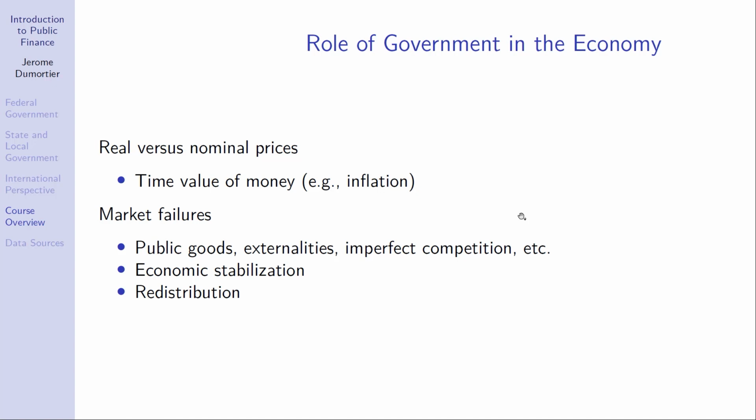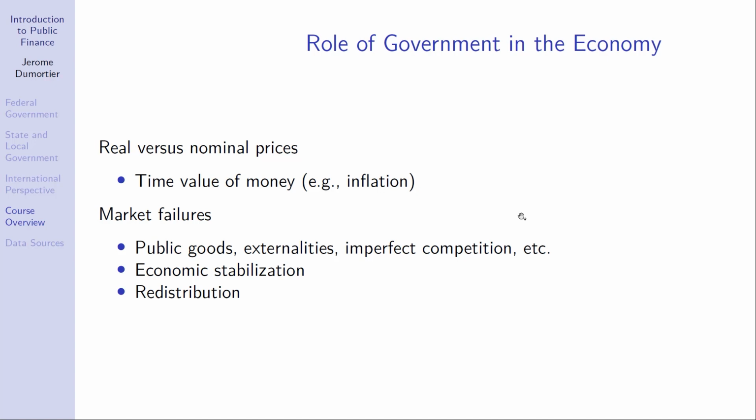The video on the role of government in the economy is actually going to talk about market failures, basically why and how the government intervenes in the economy. Reasons for these interventions are, again, public goods. We are going to look at externalities as well as imperfect competition.